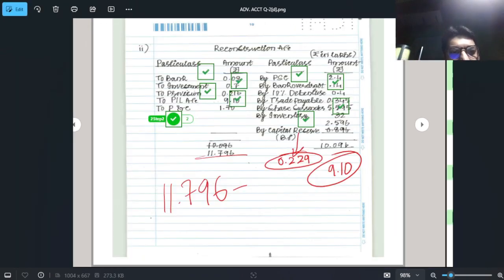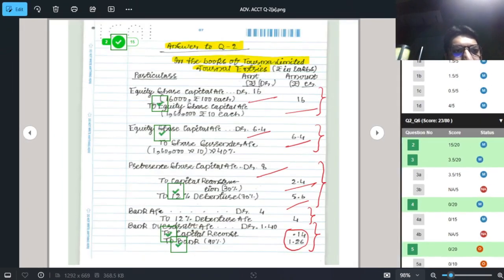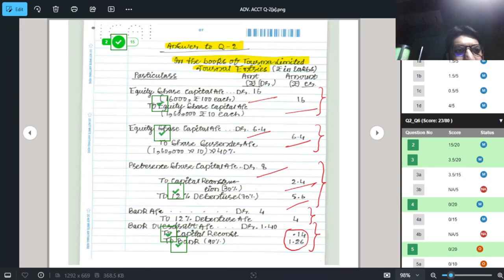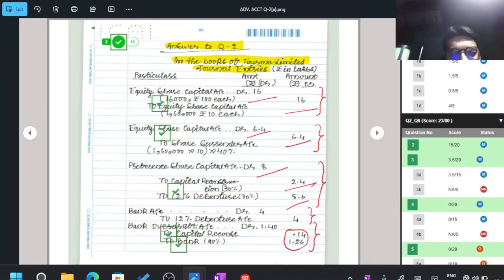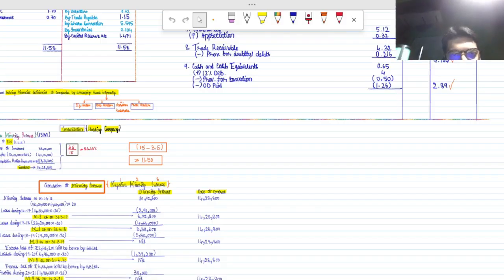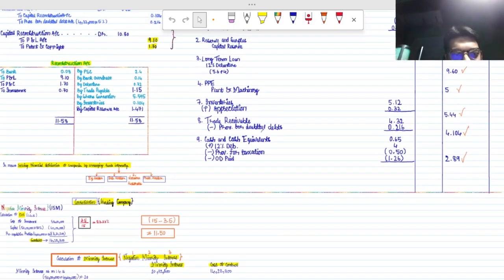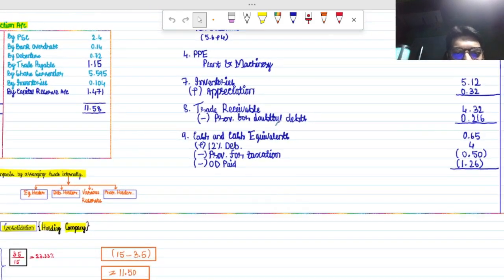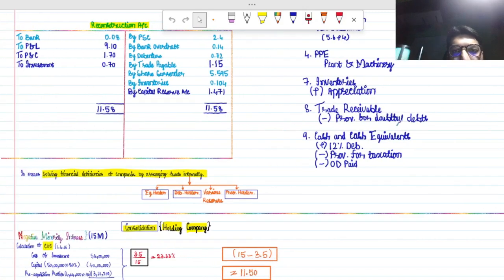I got 15 marks out of 20, around 75% marks. So first and last, I want to provide you the meaning of internal reconstruction.